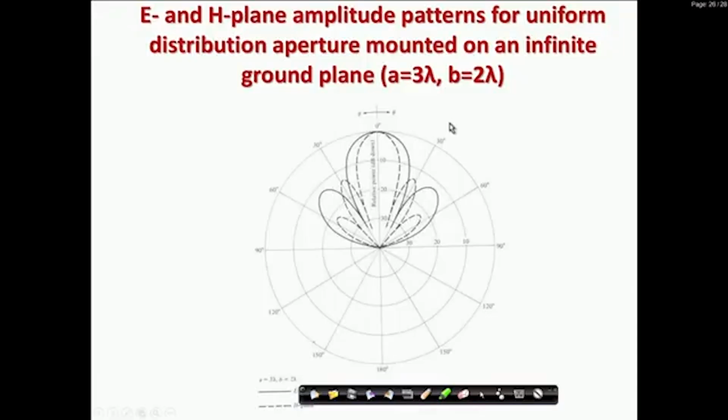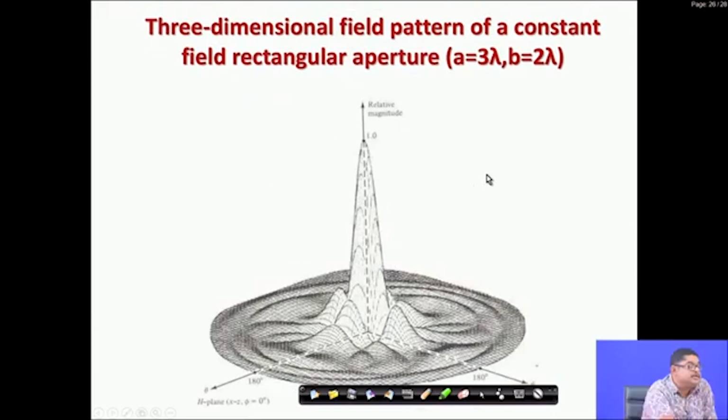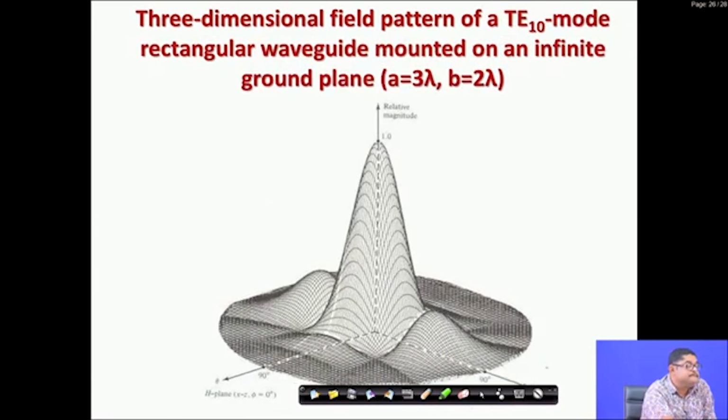If you have the broader dimension large, then in the H plane you have a more constricted pattern. And this is again a rectangular aperture, and this will come later.